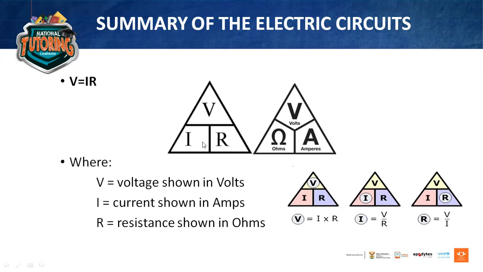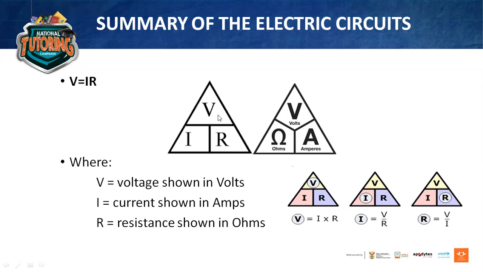This triangle helps a lot because, for example, if you want to calculate your current, you can say current is equal to V over R. I know sometimes you can mix the two up and not be sure if you're dividing by the resistance or by the current. If you had to calculate your resistance, it would be voltage divided by current.